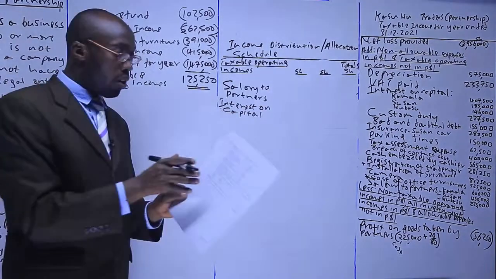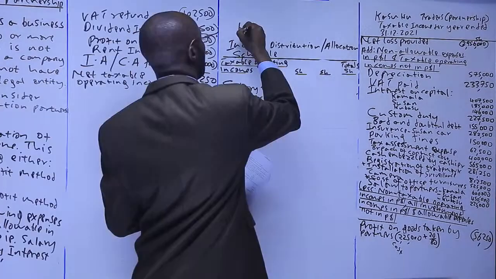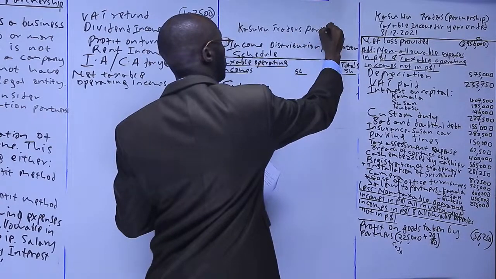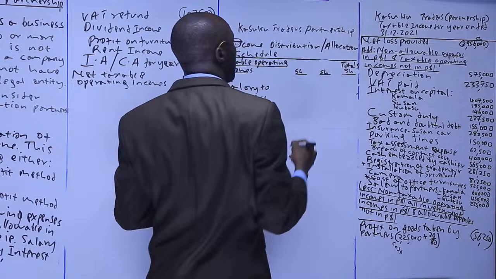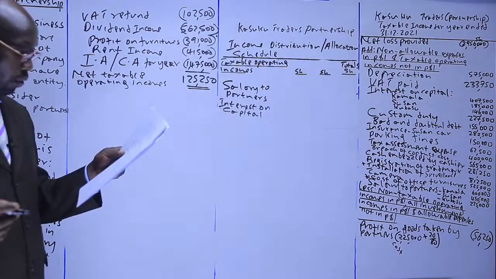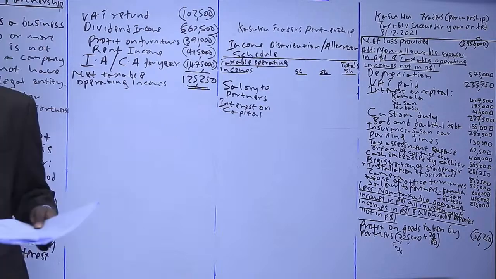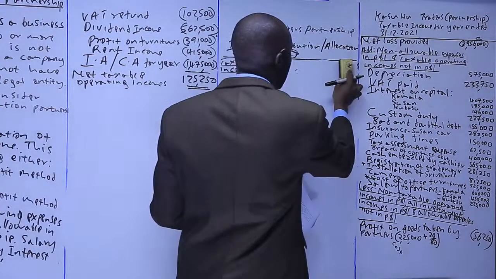So I'll call this the partnership name Kasneb. Income distribution or allocation schedule. And then here we noted there were 3 partners, by the way. So I'll read this so that I can introduce the 3 partners.